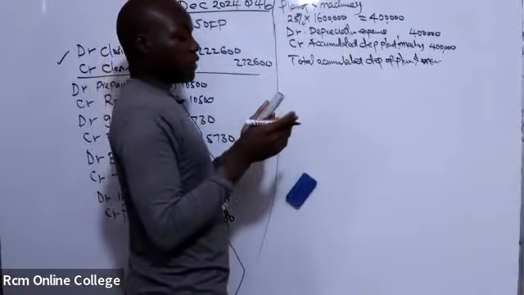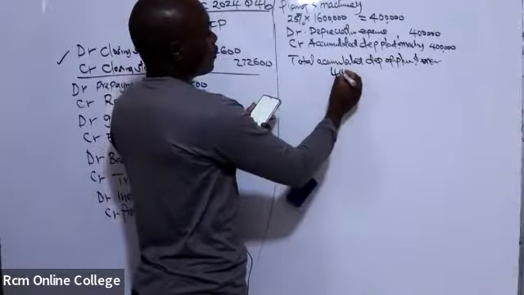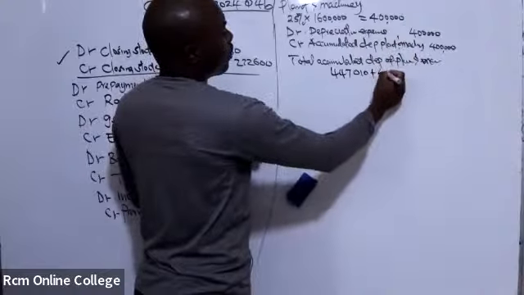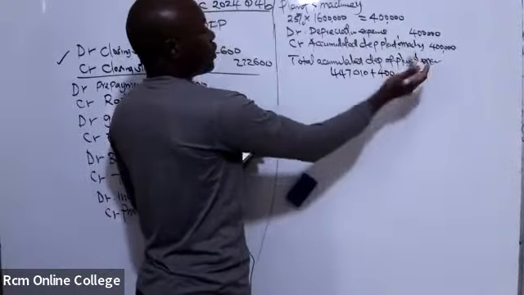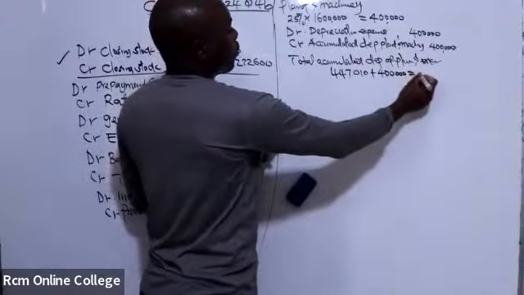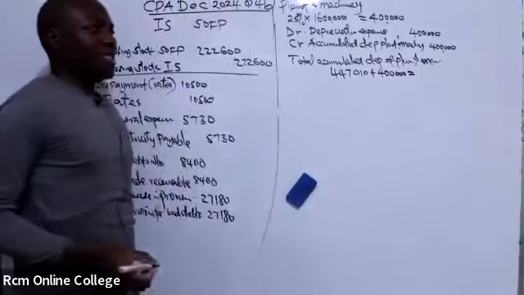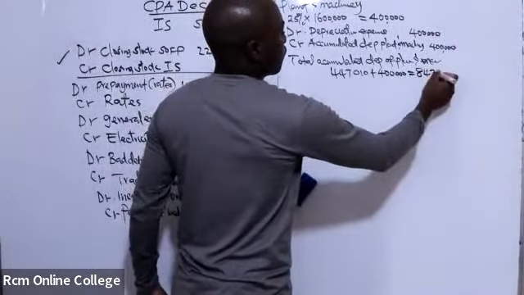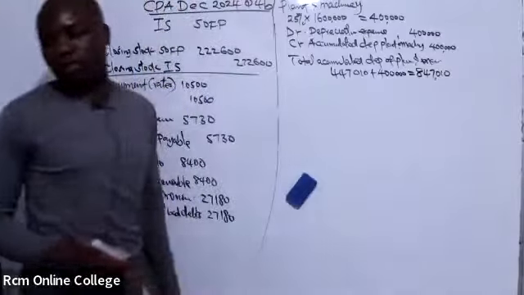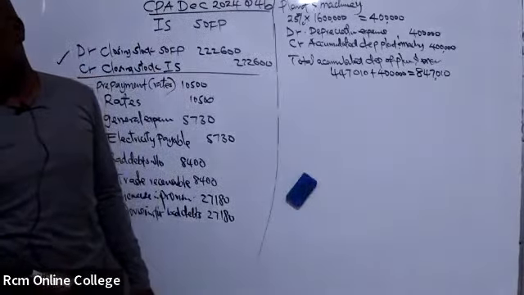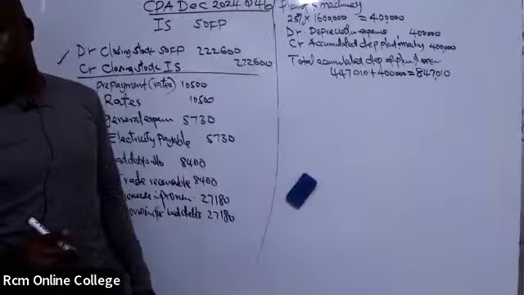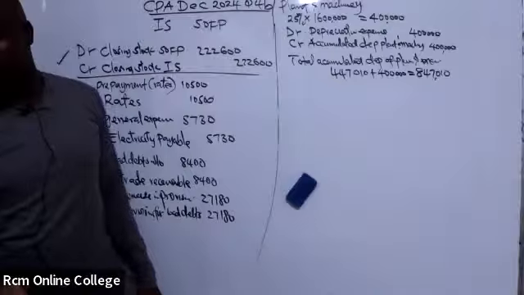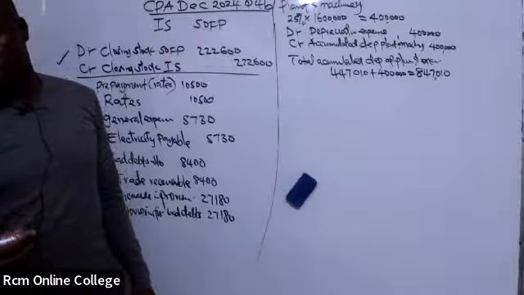You can see 447,010, plus the increase. Remember, when we credit it, we are increasing that account. So what are we having in total? Is it 847,010? Confirm. That is the total accumulated depreciation of plant and machinery.